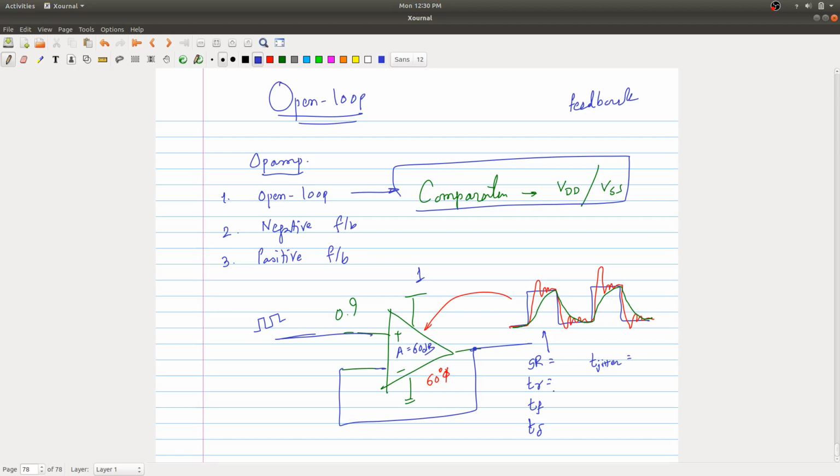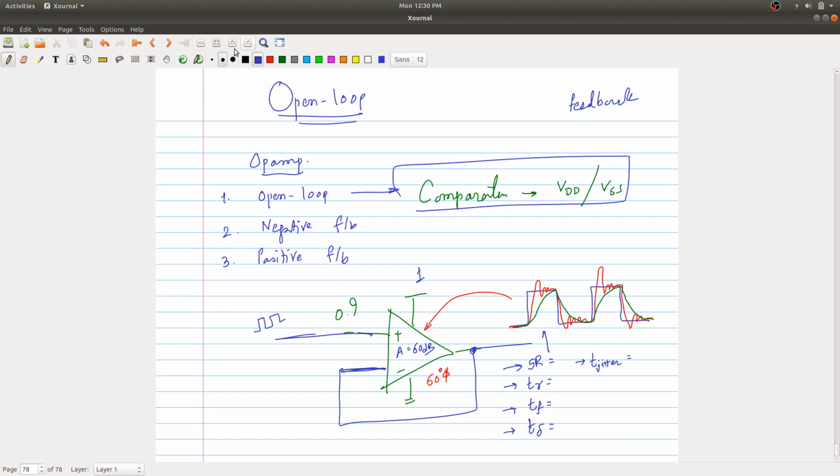All these things you can measure, which you have not measured in your case. But if you want to measure these things, because this might be the specification, you have to keep your designed op-amp in negative feedback. You have to connect the output voltage with the negative terminal of the input, and you have to apply a square wave at the input side. This is what you need to do, right? Just to find out these things.